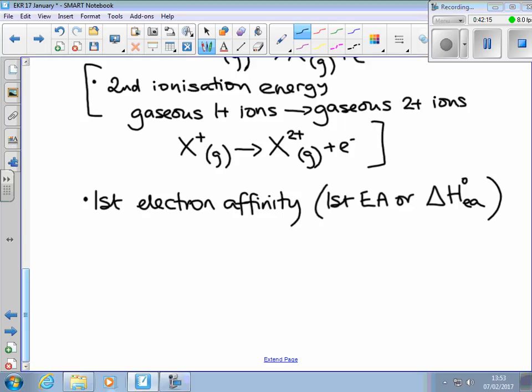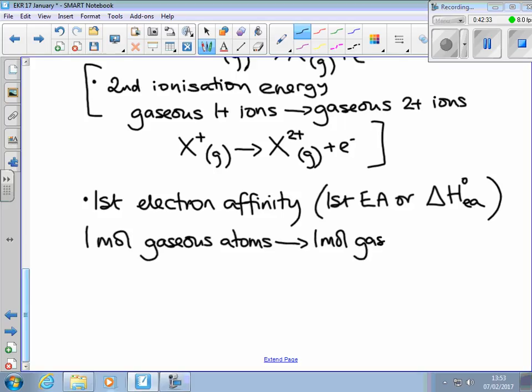So this is, again, per mole, as before. If we've got 1 mole of gaseous atoms, this is going to our 1 mole of gaseous 1- ions.